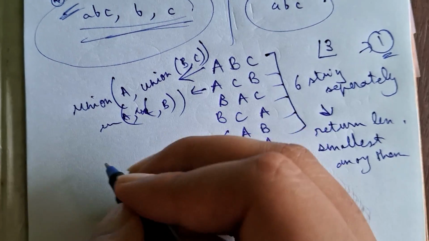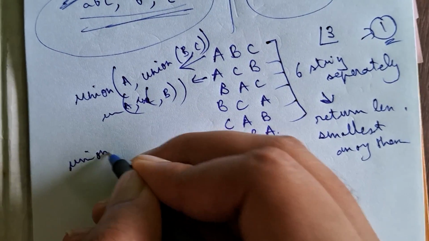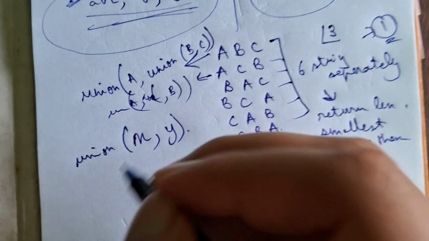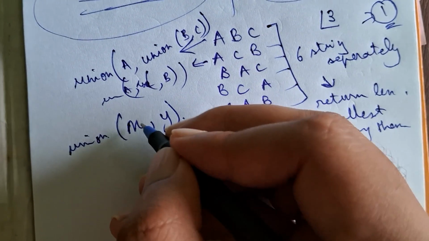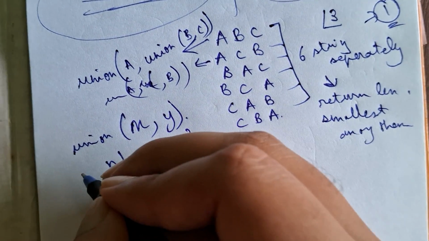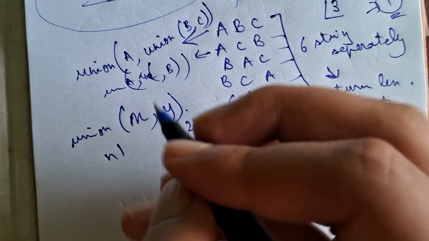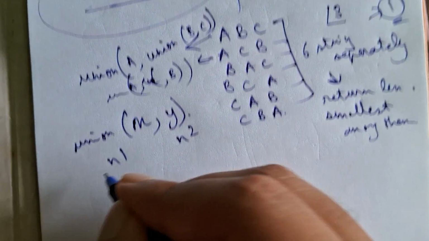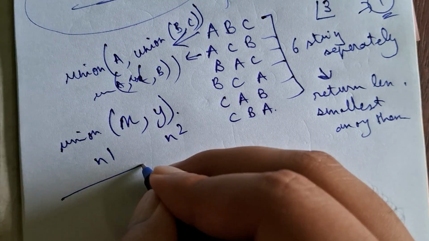Let's say we have 2 strings, union of X and Y. Let's say the length of X is N1 and the length of Y is N2. Let me take an example basically.